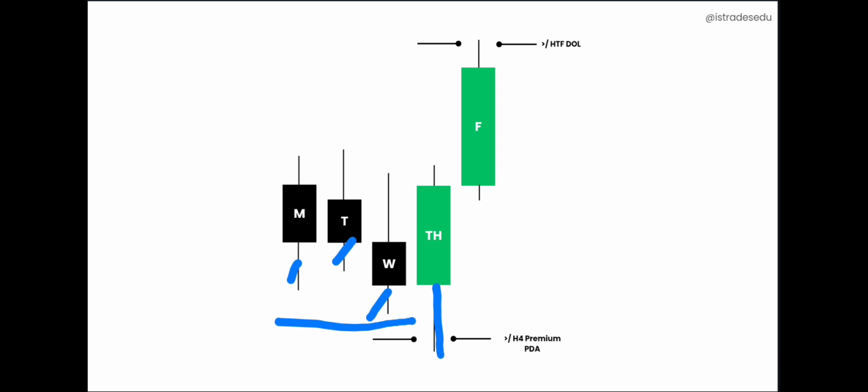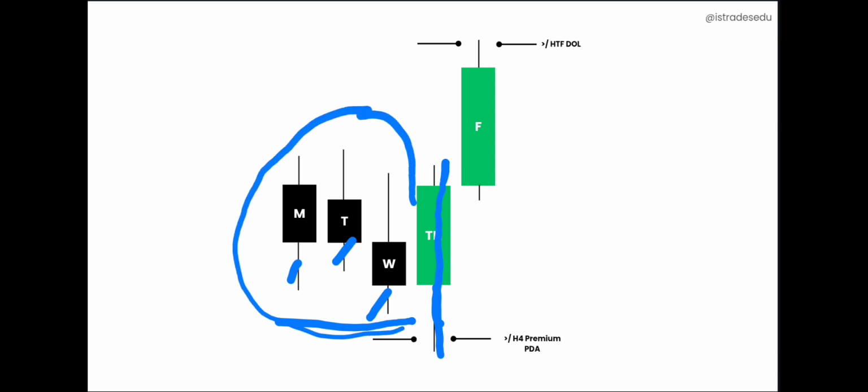So Thursday manipulates and then expands higher, which means that for the next day model, we won't take any trade within this until this particular thing forms. Once it manipulates higher on Thursday, we can expect that the next day is going to be a continuation of the expansion of the previous day to the overall direction. So that is what it simply entails.